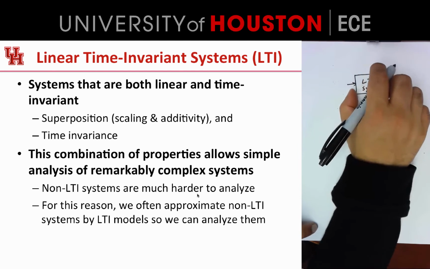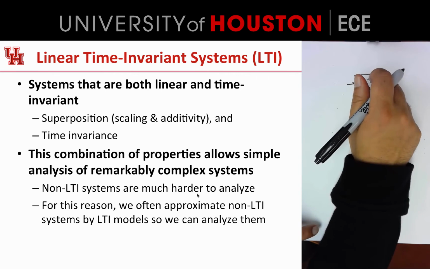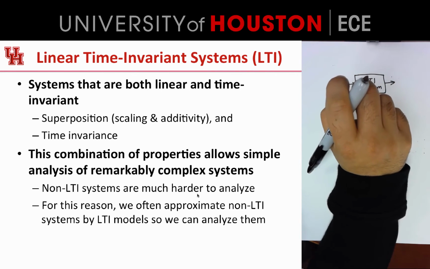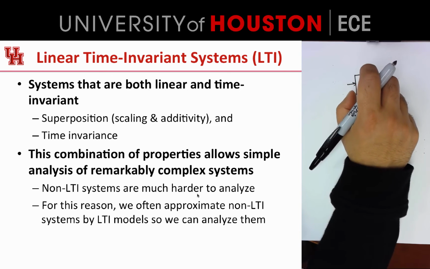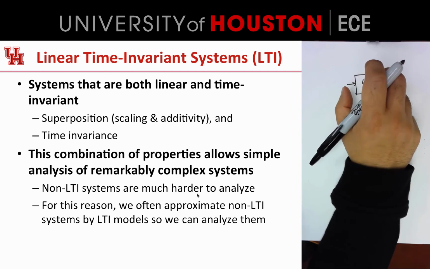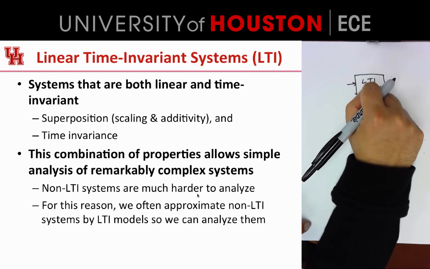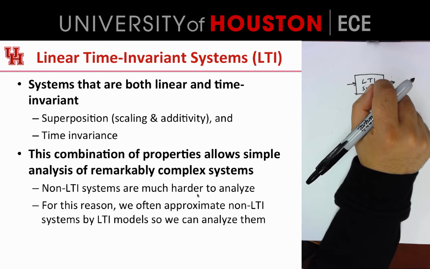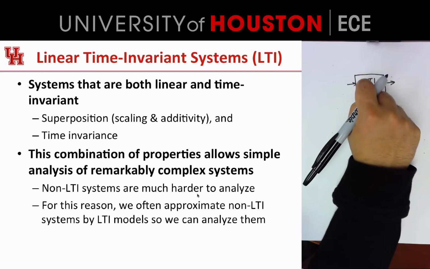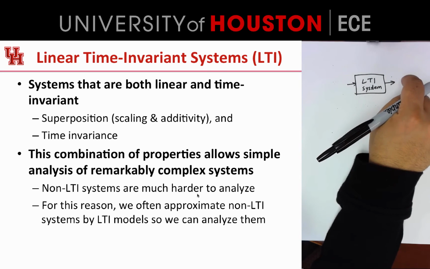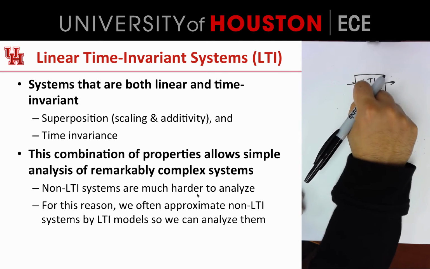Now this combination of properties, linearity and time invariance, allows simple analysis of pretty complicated systems, and we're going to be able to learn all that we need to know in this class this semester. Non-LTI systems are much harder to analyze. A system may not be LTI because it's not linear, which is one kind of badness.